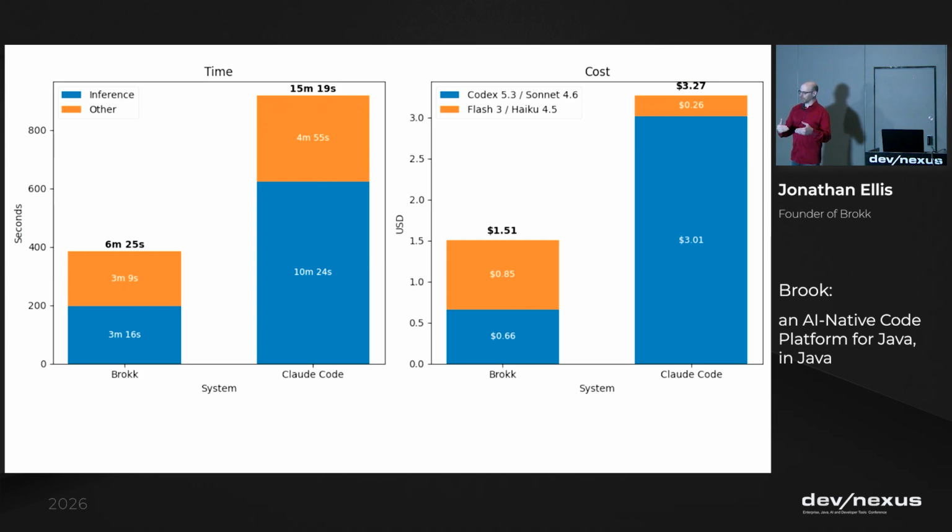But because Brokk's got that testing layer built in, we can trust that Flash 3 is going to be able to figure it out. And there is an escape hatch. It can kick it back to its planning model and say, this is beyond me, help. But most of the time, the smaller model can solve those coding tasks with the feedback of the build and the test suite.